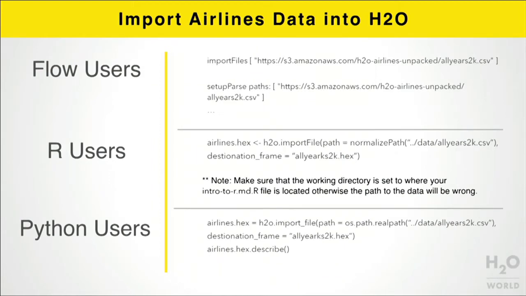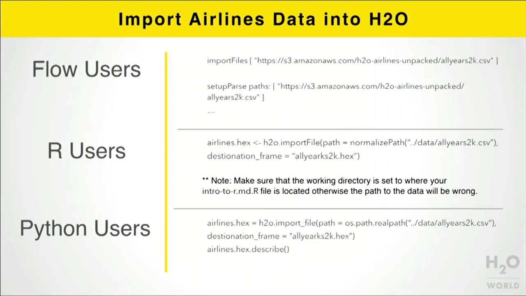So first, we're going to import the airlines data into H2O. The Flow and R and Python commands are syntactically different, but essentially it's just a function call with the argument in it that tells H2O to execute in a parallel and distributed fashion.